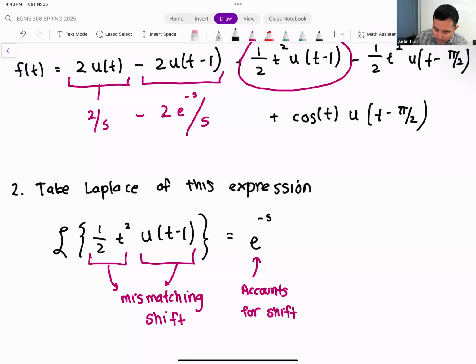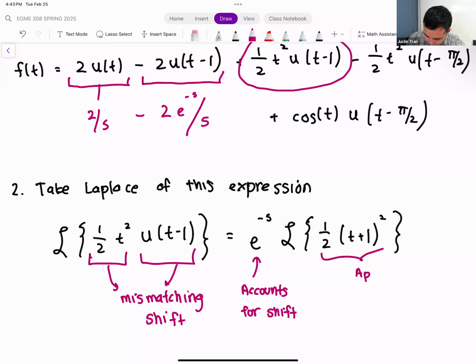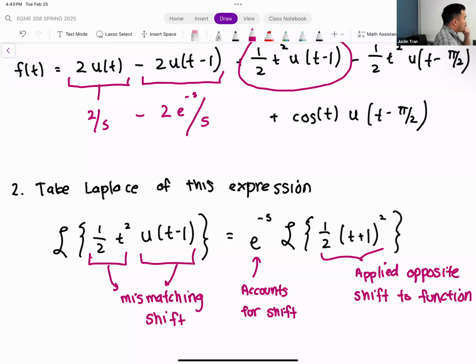Then we take the Laplace transform of our original function, but apply the opposite shift, so there's going to be the Laplace transform of 1/2 (t + 1) quantity squared.